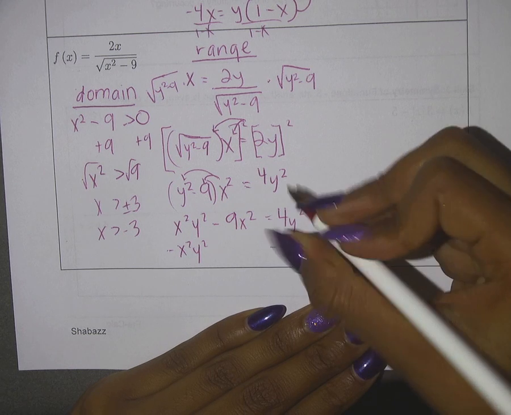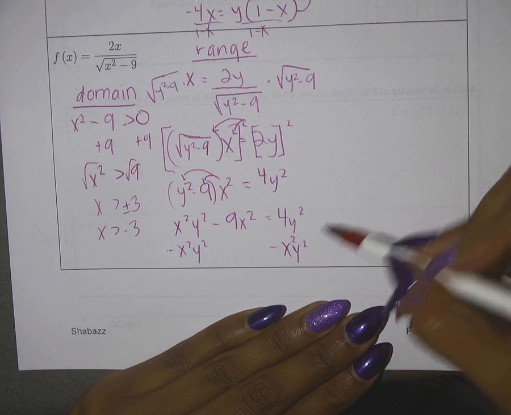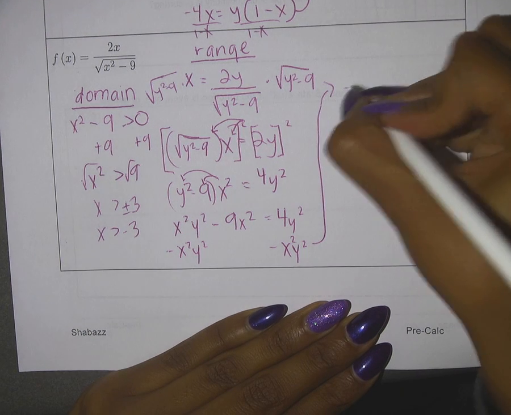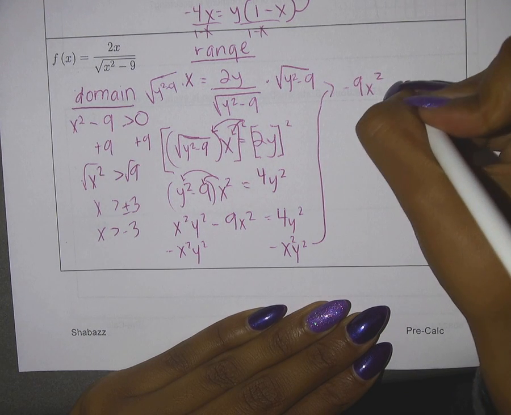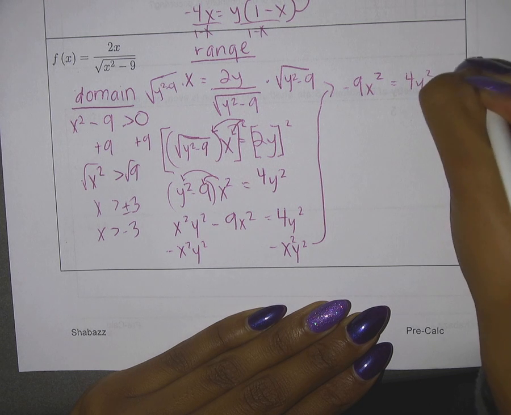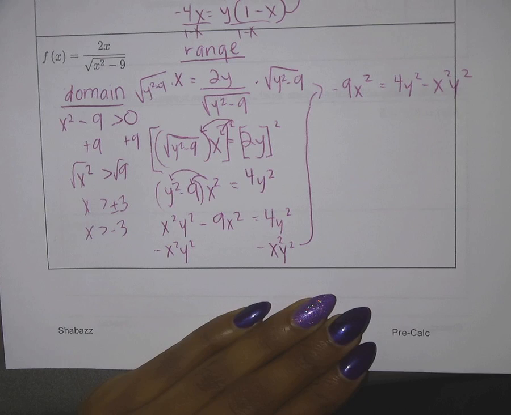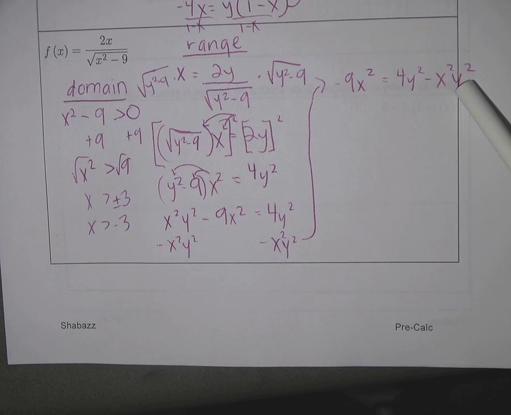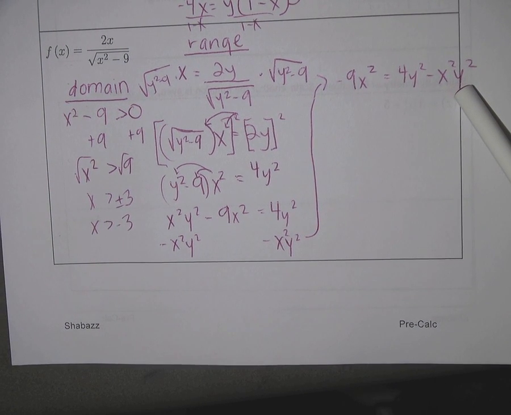No? Okay, so right now we're working to get all of our y's together. So now I have negative 9x squared is equal to 4y squared minus x squared y squared. Okay, so I have a y squared here and a y squared here. What do you guys think I should do?